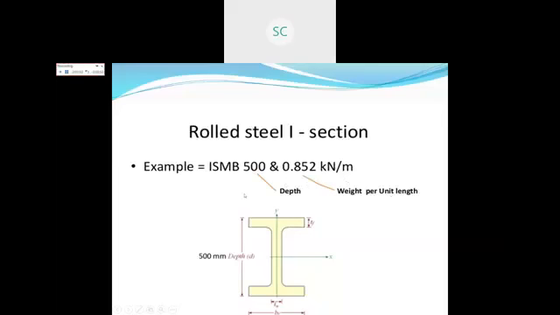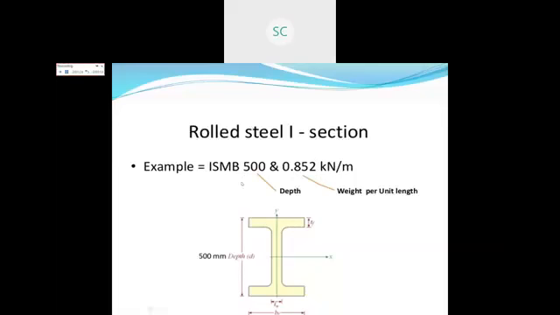Similarly, for the T section, channel section, angle section and other sections, the dimensions of the section are also given. You have to refer to handbook number 1 to know the properties of a particular section.